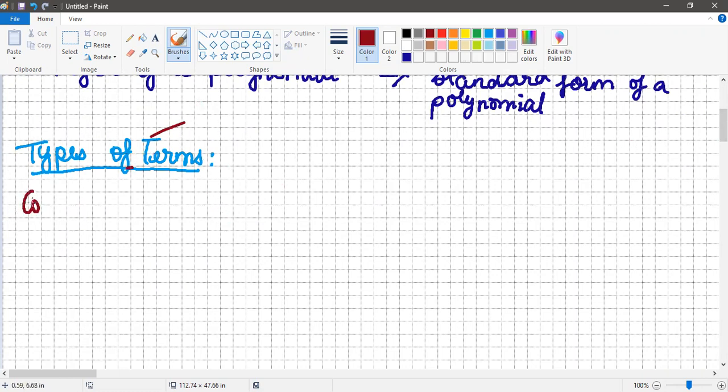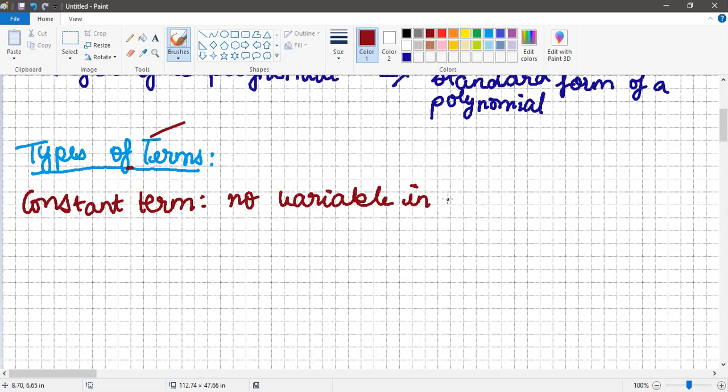So constant term is the first type. By the name itself we can see that there is only a constant. There's not going to be any variable. That's why we call it a constant term. No variable in a term.